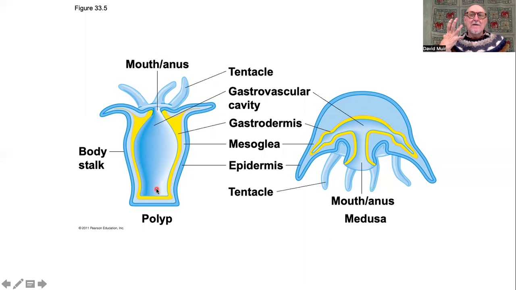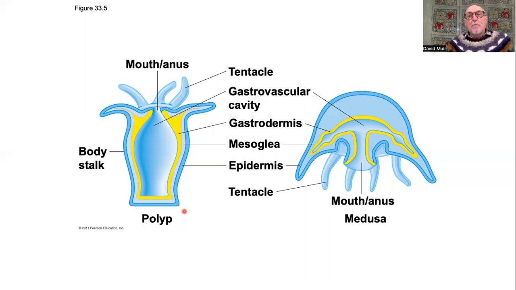So the basic form is a bag, right? And it has one opening which functions both as mouth and anus, lined with a true tissue, and then an outside lined with true tissue.